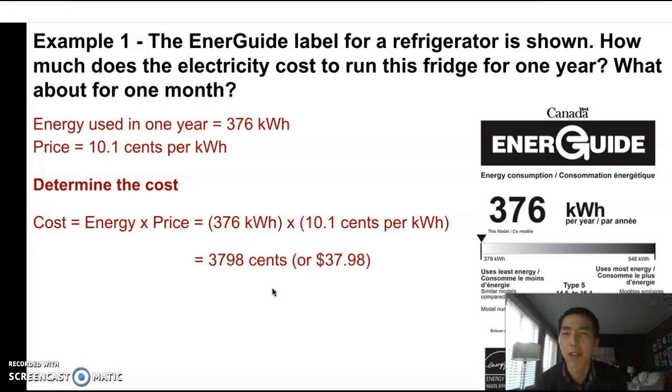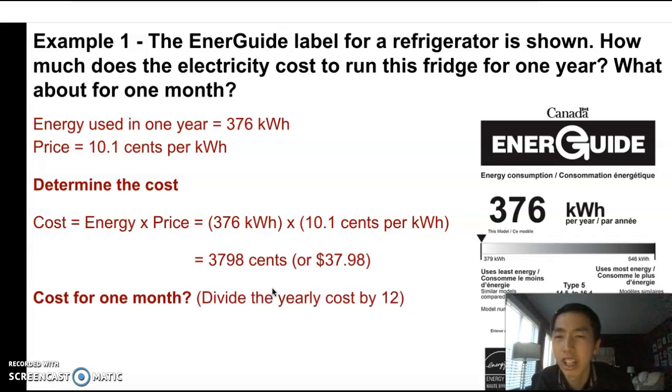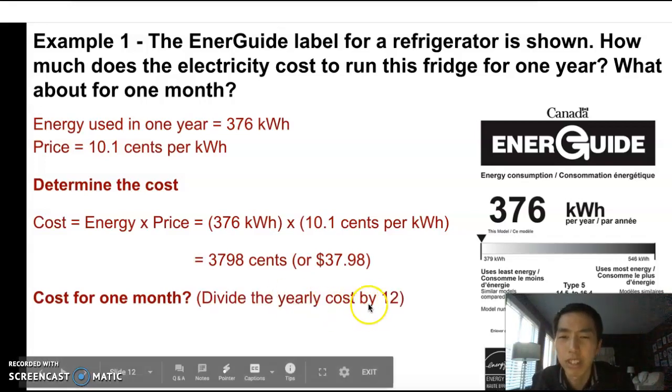So how much is that for 1 month? Because normally people like to know how much they're going to be billed every month, because then you can budget per month. It's easier to do it for a month than for a year. Since there's 12 months in a year, if you want to know the cost for 1 month, you just take the cost for 1 year and divide it by 12.